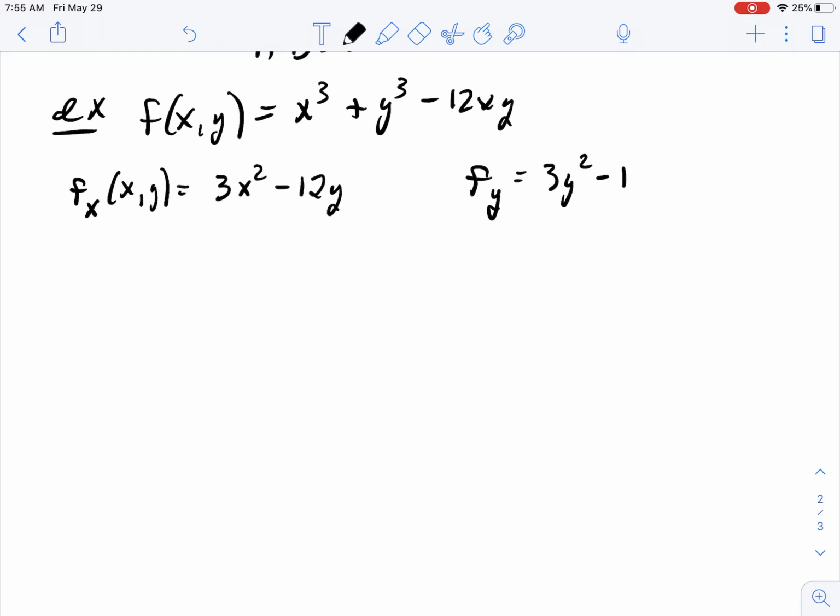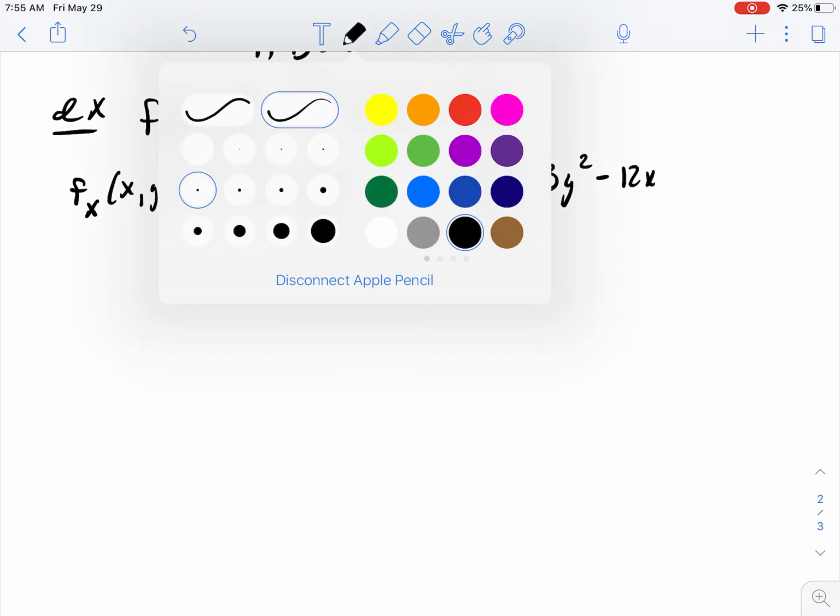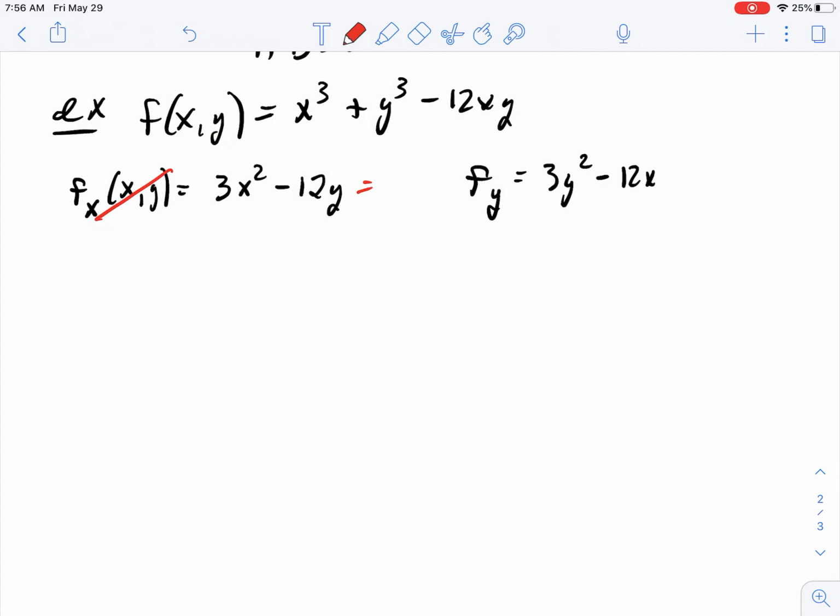And then f partial with respect to y is 3y squared minus 12x, and then set each equal to 0. Let's try to solve for one of the variables. So in this case, 12y equals 3x squared, so y equals 3 over 12 x squared, or 1/4 x squared.